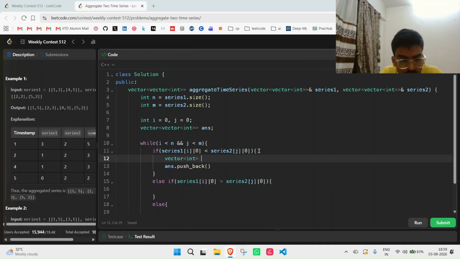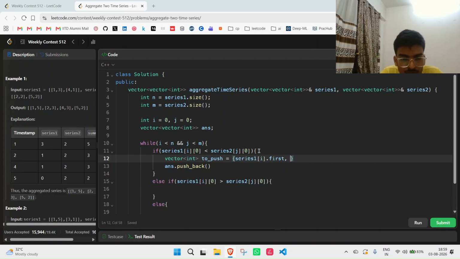Create a vector of int to push, equal to series 1 of i dot first will be lower, right? The timestamp is the same, so we take j itself.